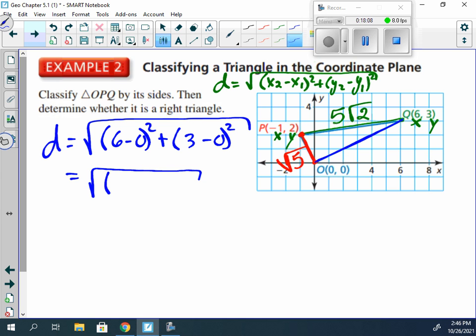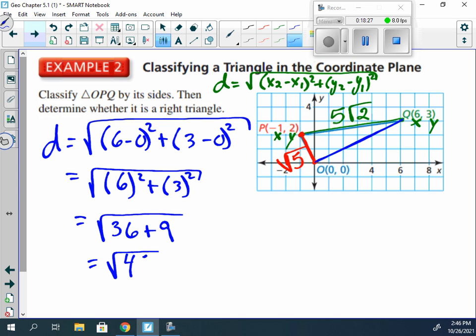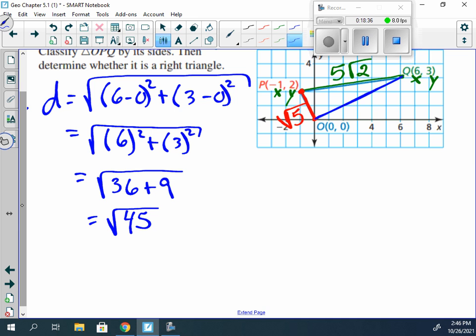Now if we did this by hand, well, 6 minus 0 is 6, 3 minus 0 is 3, 6 times 6 is 36, 9 times 9 is 81, so this will work out to be 3 square root of 5 if we do reduce it.